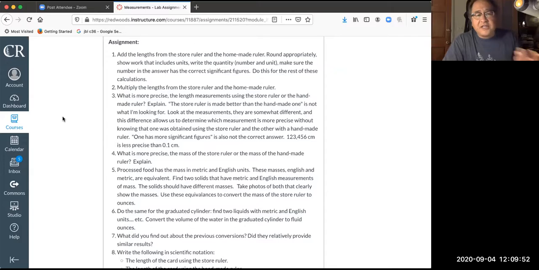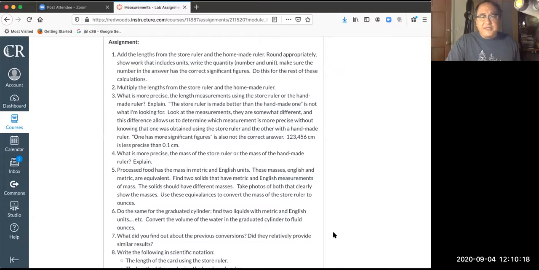Okay, so processed food has the mass in metric and English units. So let me get you some processed food here. What I'm going to do is switch my share screen to a new share.